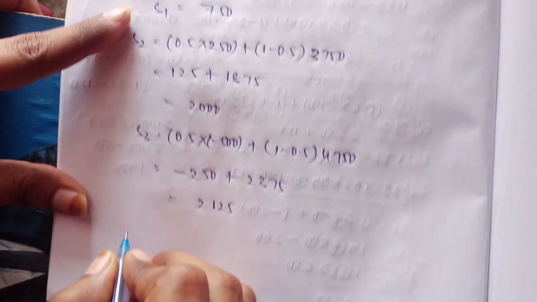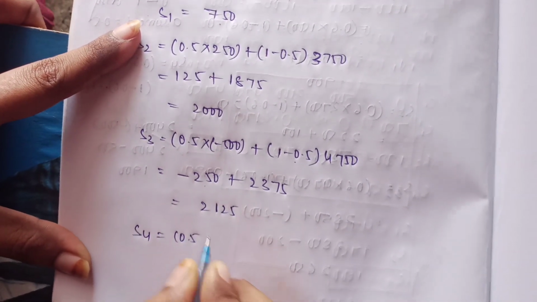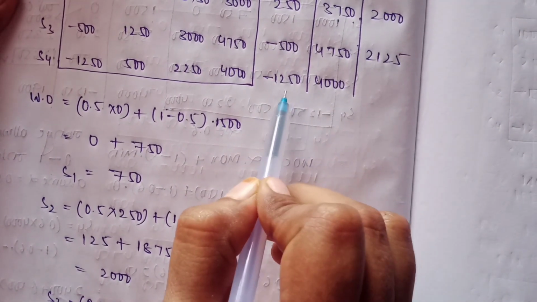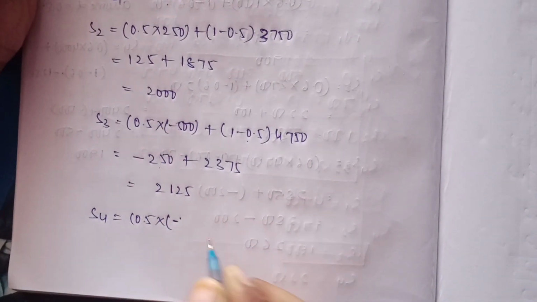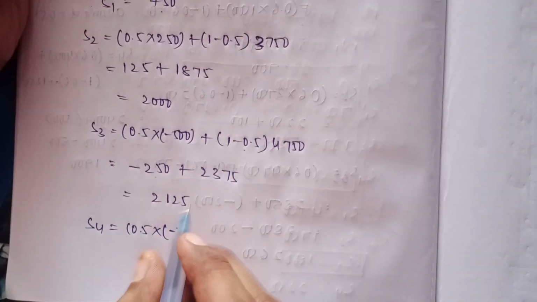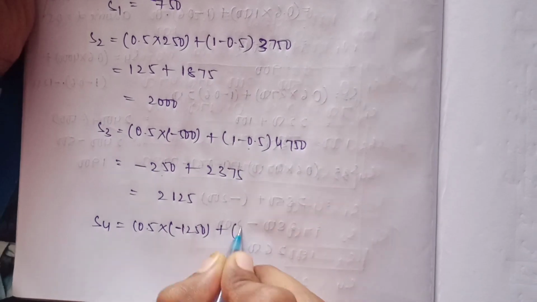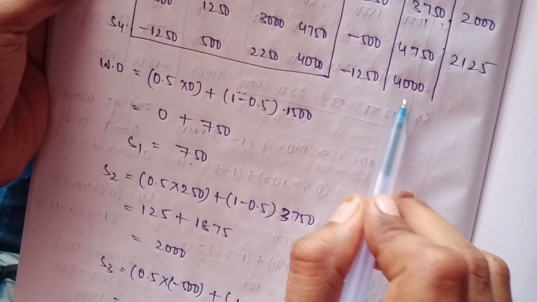So here S4 is equal to 0.5 into minimum value minus 1250 plus 1 minus 0.5 into maximum value 4000.